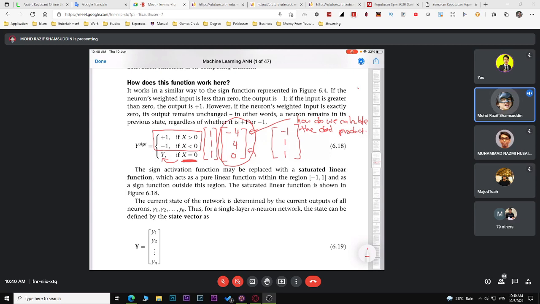Tapi yang penting, yang pertama sekali you dah faham sign activation ni. So in a neural network, in order to produce the final output of the network, we need to use an activation function. So this is the activation function used in the Hopfield network.